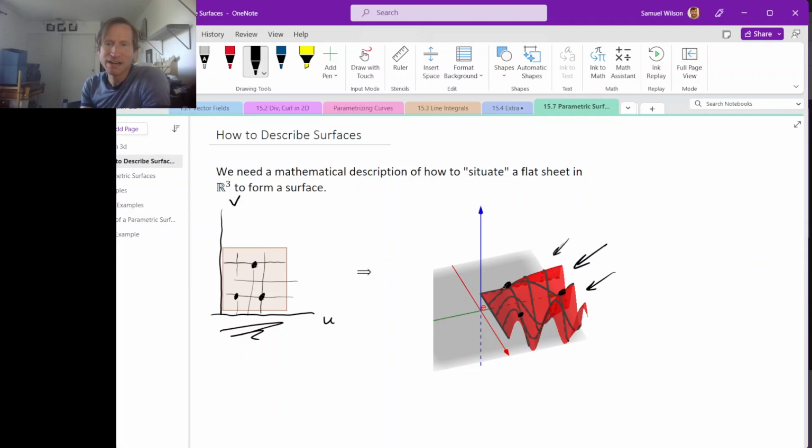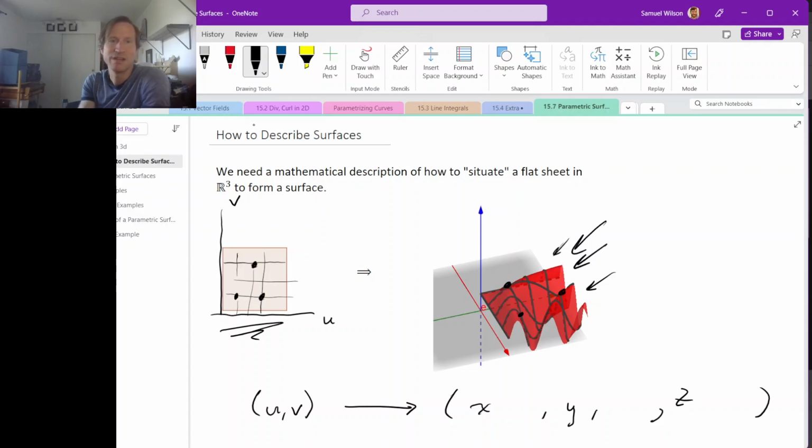So what sort of information are we going to have to supply to determine how this sheet of material is getting positioned in XYZ space? Well, for every value of u and v, at least every value in some given region in the UV plane, we're going to have to say what is the corresponding x coordinate, y coordinate, and z coordinate in 3D space.